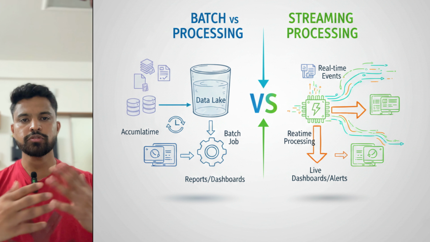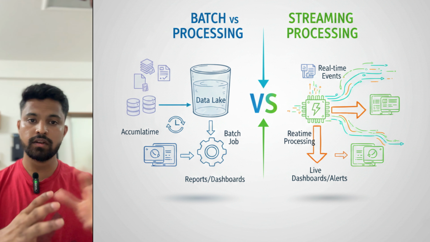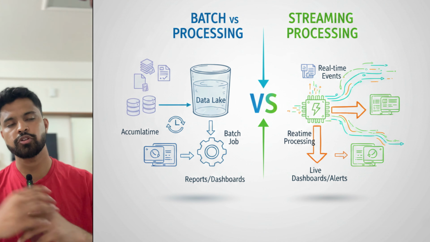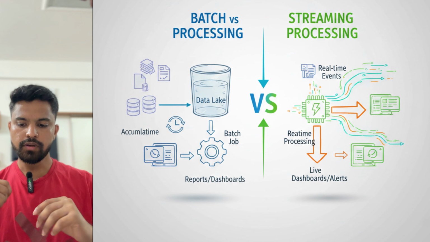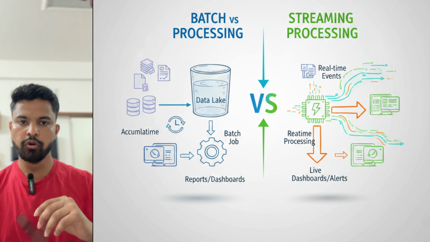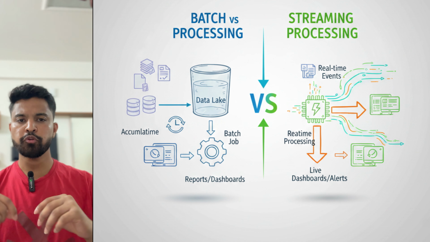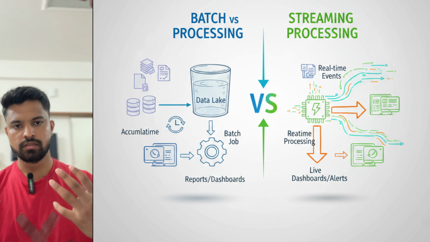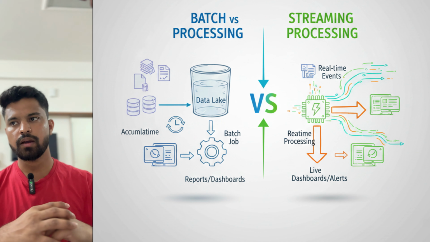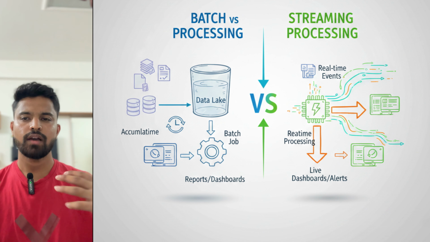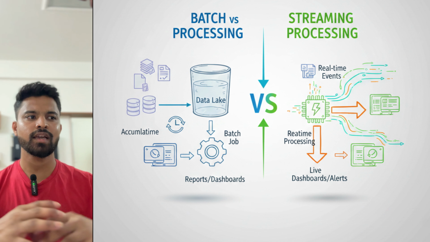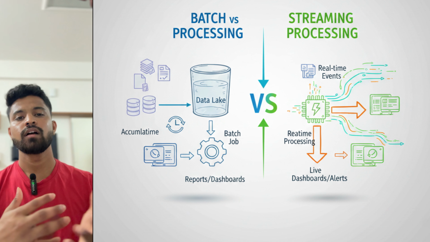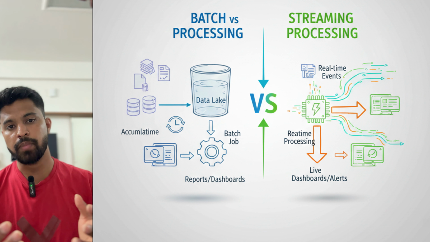Again, when to use a batch job and when to use a streaming job. The batch job, as we discussed, whenever you want to perform historic analysis, you will go with the batch job. And when you don't want any real-time insights, you will go with the batch job. And coming to the cost, as we discussed, the cost is very low because setting up the project is very easy for the batch job.